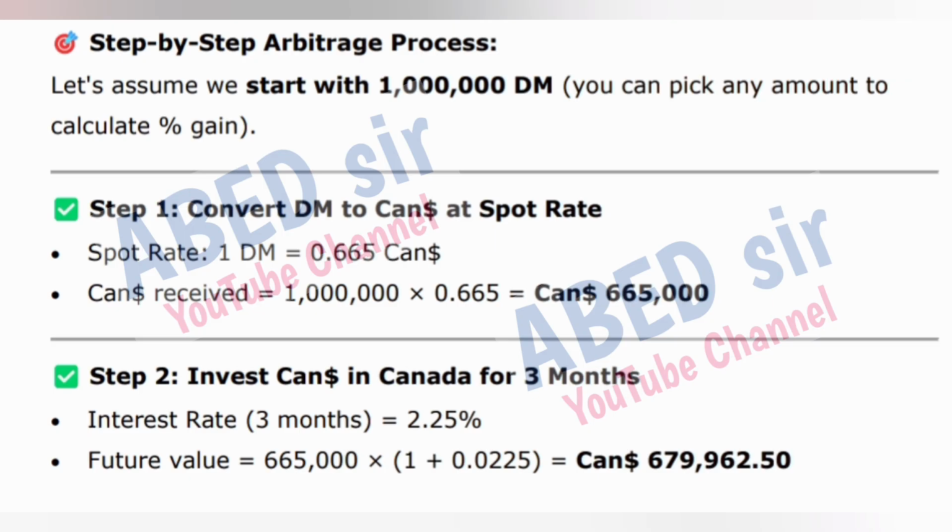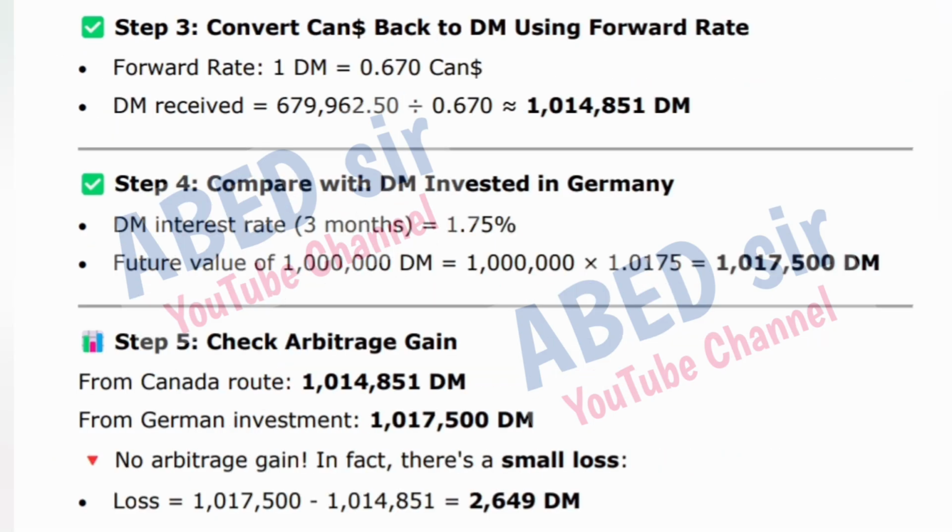Step 2. Invest Can dollar in Canada for 3 months. Interest rate, 3 months, is equal to 2.25%. Future value is equal to 665,000 times 1 plus 0.0225, which is Can dollar 679,962.50. Step 3. Convert Can dollar back to diem using forward rate.